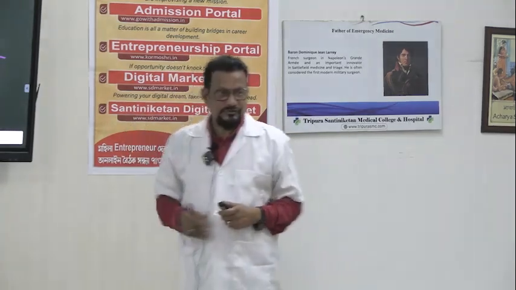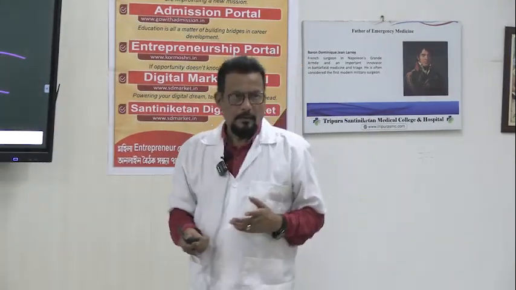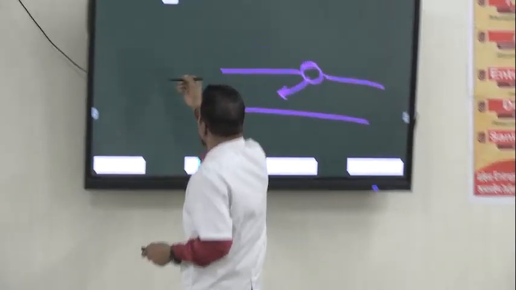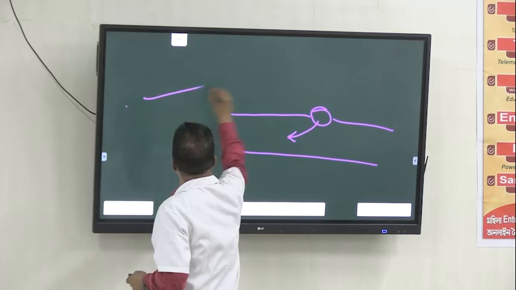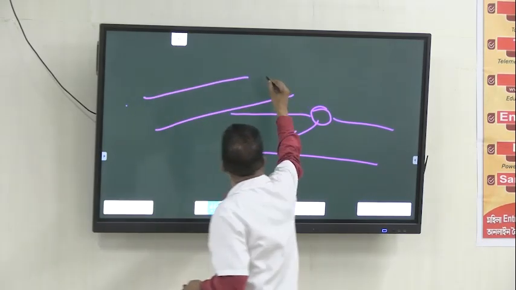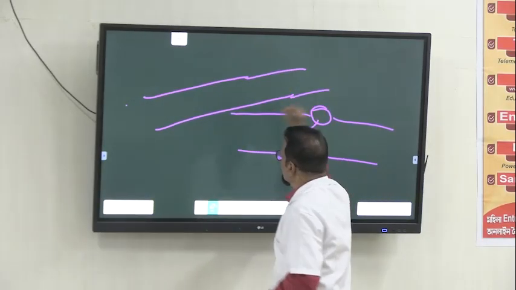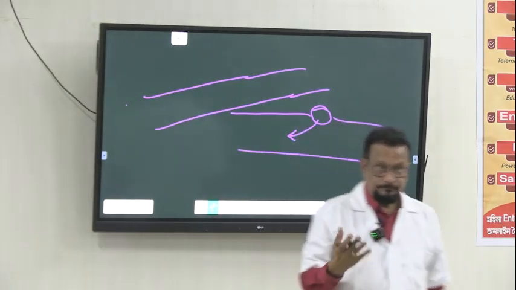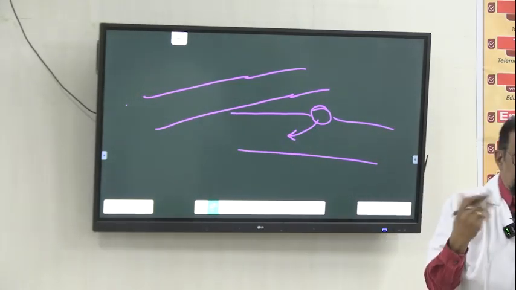there are some processes. Another example of intravascular coagulation is atherosclerosis. In atherosclerosis, what happens?